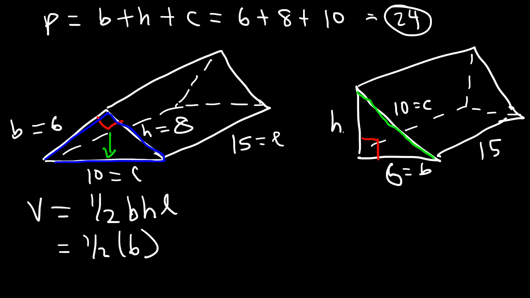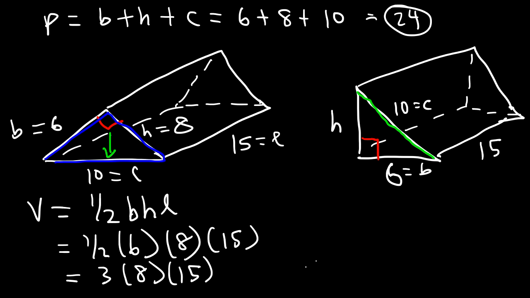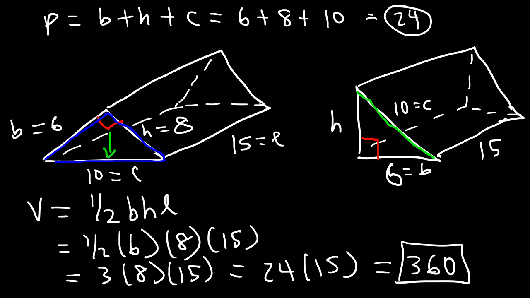The height of the triangle, we know it to be 8. And then the length of the prism is 15. 1/2 of 6 is 3. So we have 3 times 8 times 15. And 3 times 8 is 24. And 24 times 15, if I recall correctly, I believe that's 360 is what we said before. So it's 360 cubic units, whatever the units are, which I didn't write for this problem. So that's the volume of this prism.